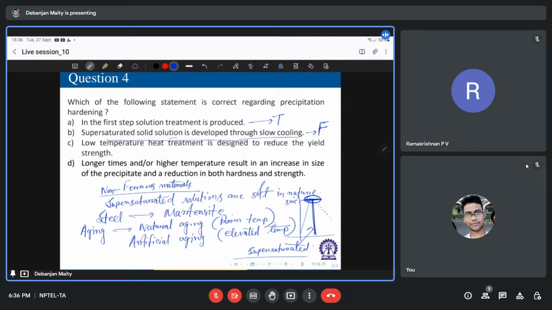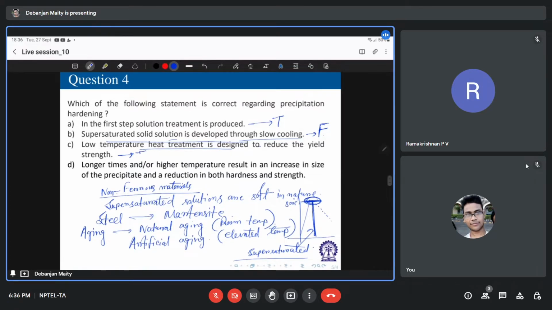And then it says low temperature heat treatment is designed to reduce the yield strength. This is true.